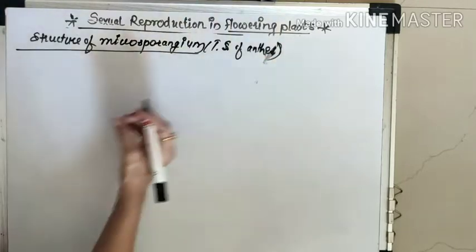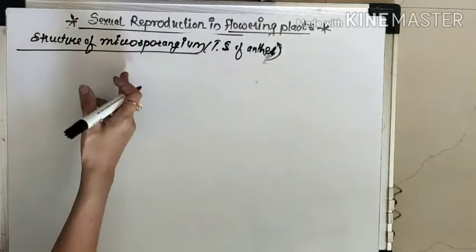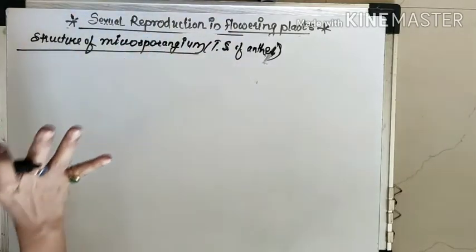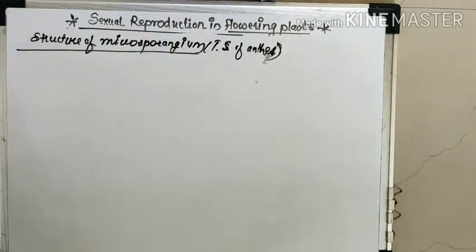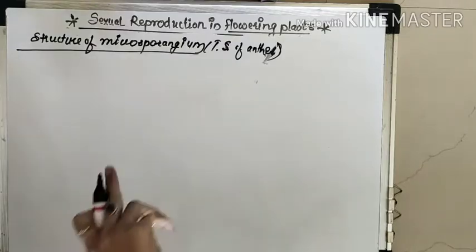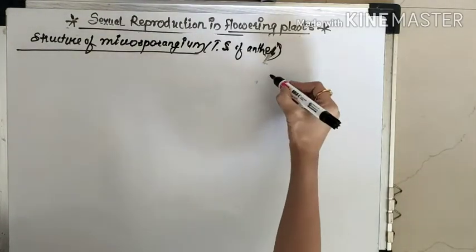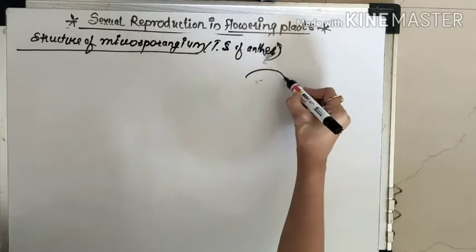In the exam it may be asked as the structure of Microsporangia or instead as TS of anther. Both answers are the same. First I will draw the structure of Microsporangia.